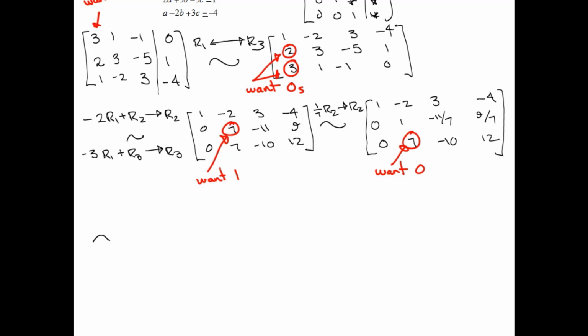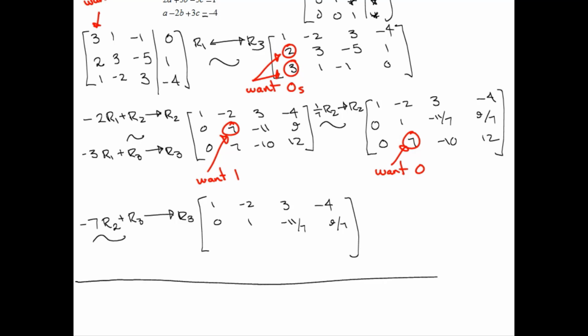So we want to take the opposite of that number, so negative 7, multiply it by the row with the 1 in it, which is row 2, and then add it to the row we're working with, which is row 3, and then that's where it goes. Okay, so my first row stays here. My second row stays here. And so now scratch work down below.